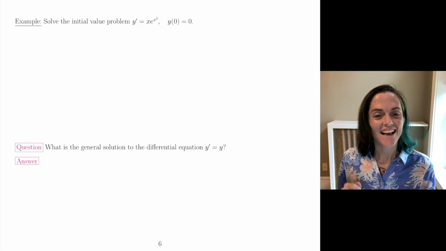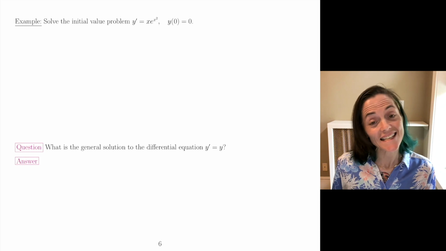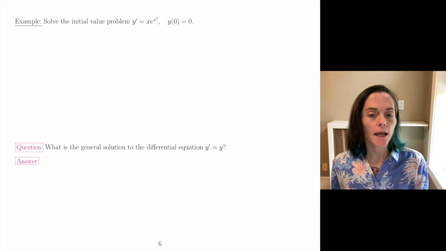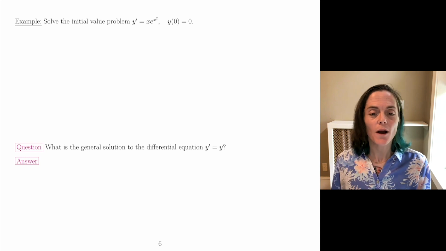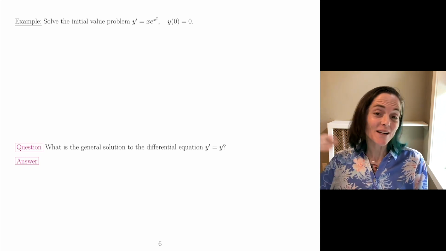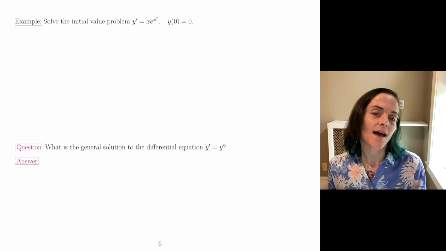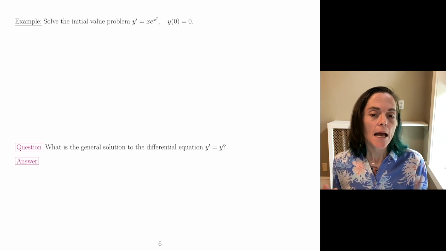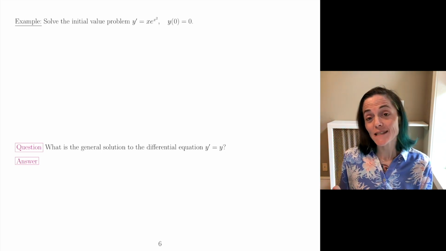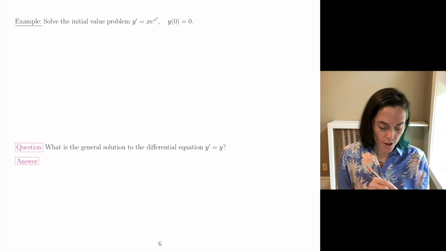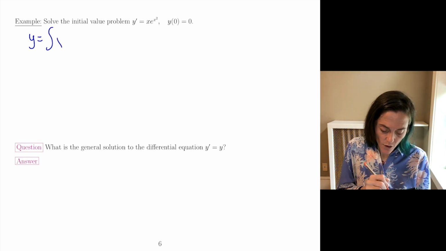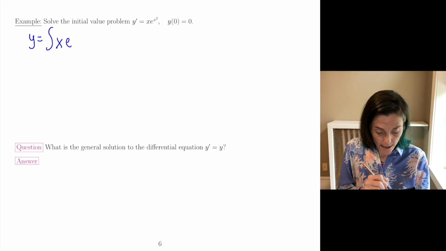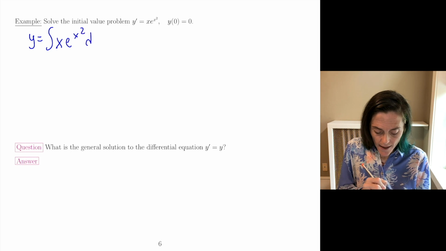Okay, here are 2 last examples for this lesson. And this first one, well, we have an initial value problem, and y prime, or dy dx, is a function of x, and so we can integrate. But I like this example because we must use substitution. So first of all, we can integrate. We have the integral of x e to the x squared dx.